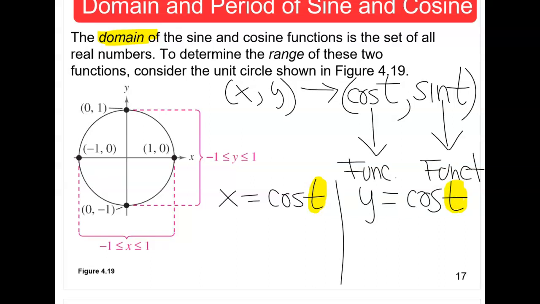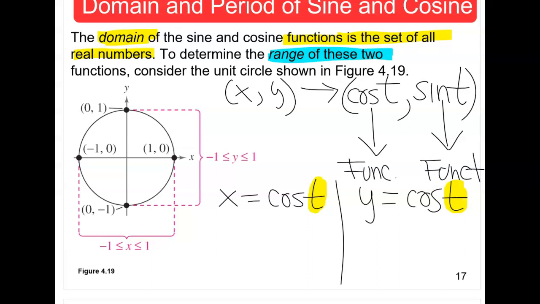And in fact, t could be any real number. It could be positive, it could be negative, it could be not only an integer or a special angle, it could be any angle.